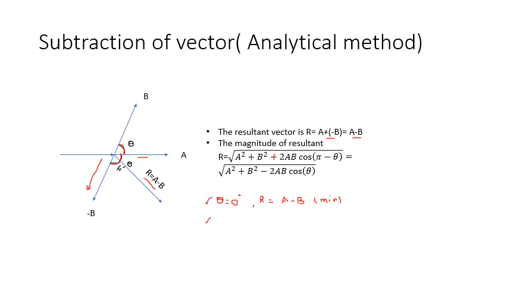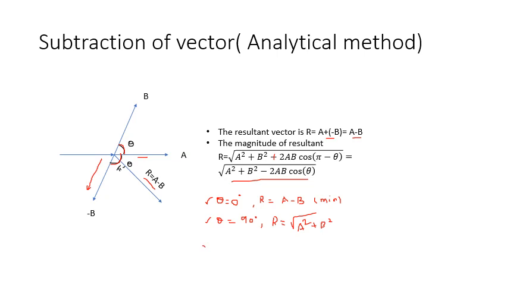And we'll see the second case, theta equal to 90 degree. If you substitute theta value as 90 in the resultant equation, you will get R equal to square root of A squared plus B squared.